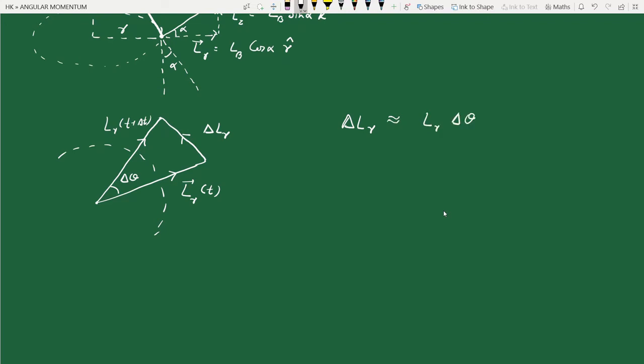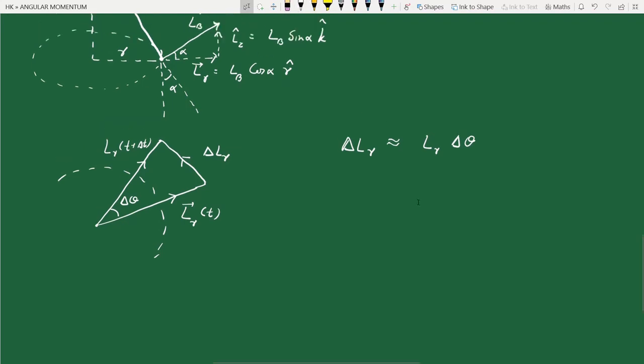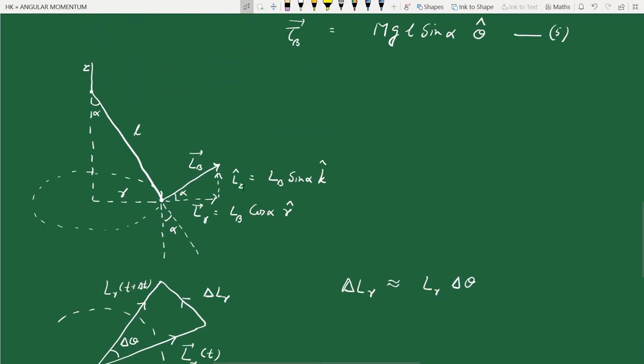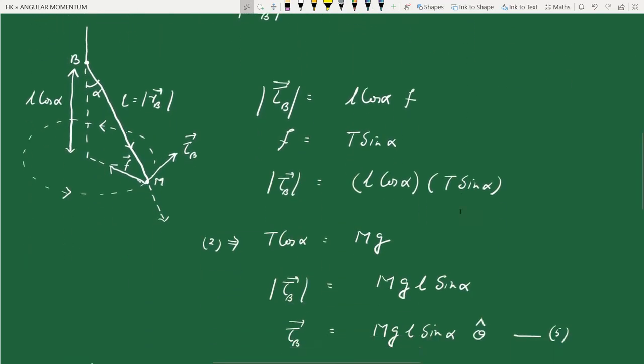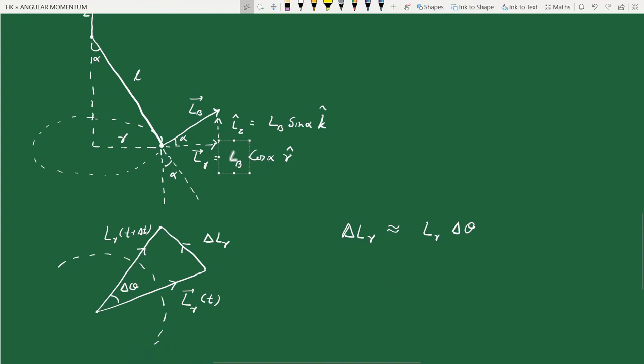The magnitude of LR is not changing because it is simply LB cos alpha. The magnitude of LB is constant, as we have seen from equation 4, mr omega L, and cos alpha is also constant. So the magnitude of LR is not changing, only the direction is changing. It's like the rotation of the vector LR.